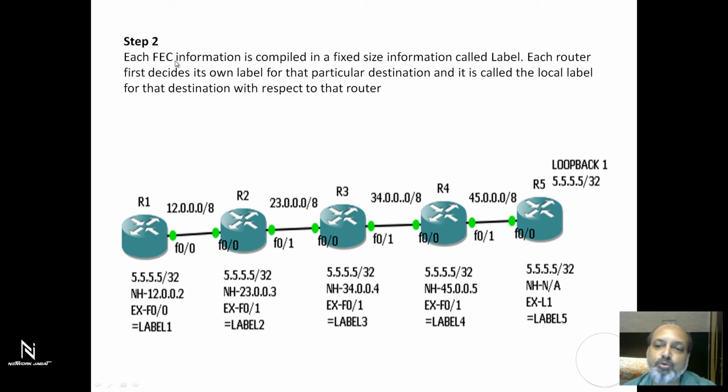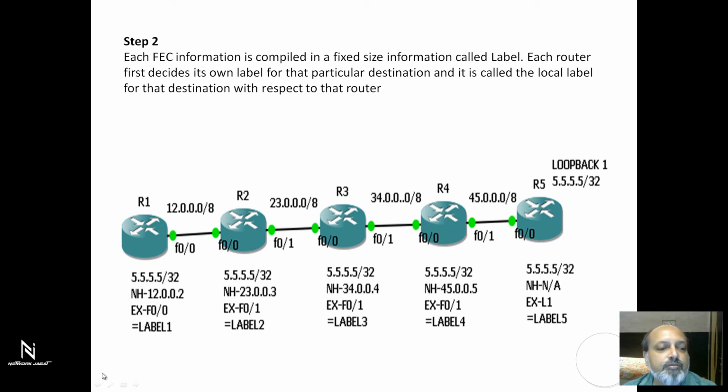Now step 2, the most interesting thing happens here. Each FEC information is compiled into a fixed-size piece of information called a label. Each router first decides its own label for that particular destination, and it is called the local label for that destination with respect to that router.